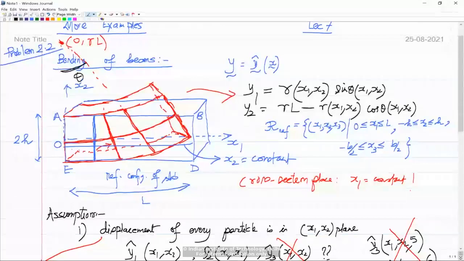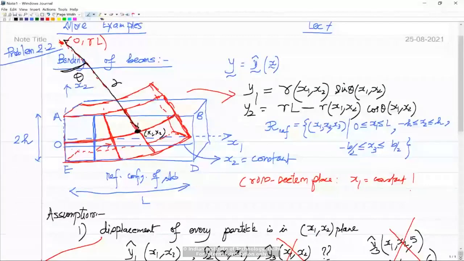Any point which is here, which was originally having x1, x2, for this point you have to know what is theta of x1, x2, and what is this radius, this distance small r.